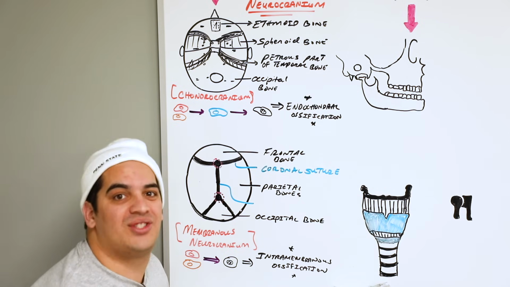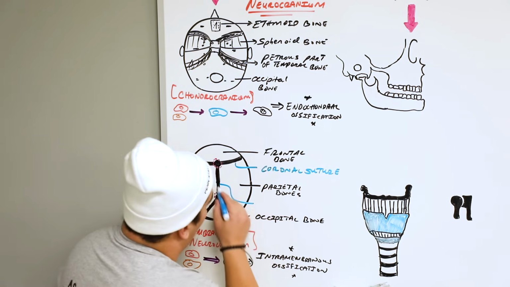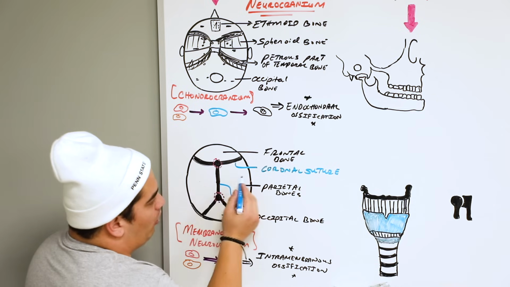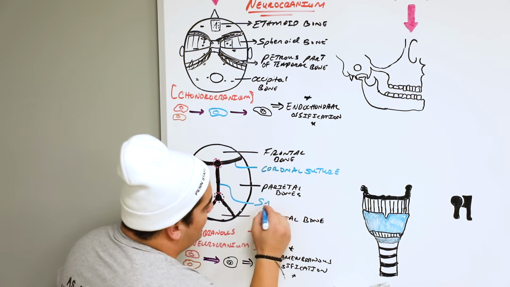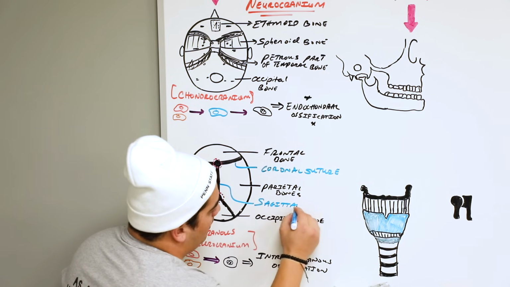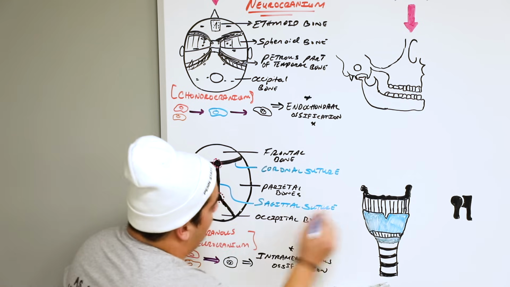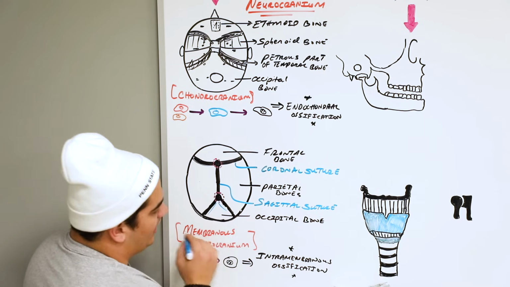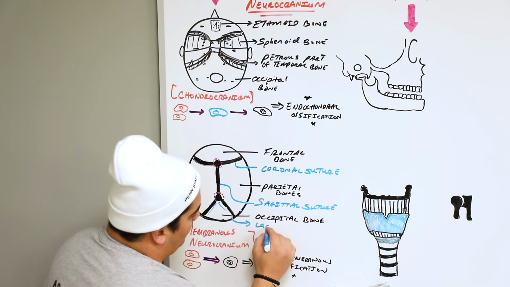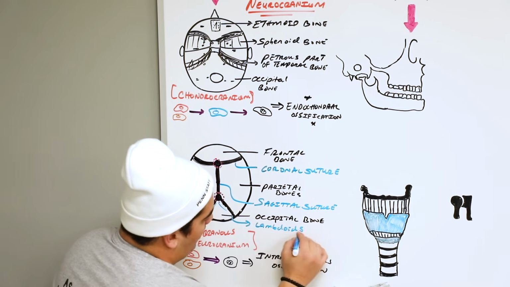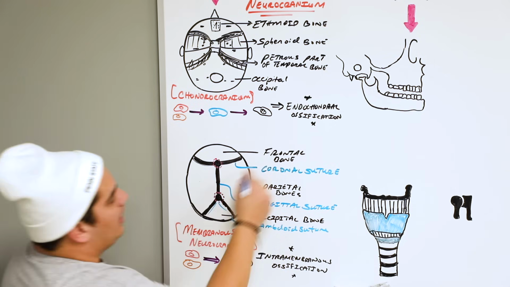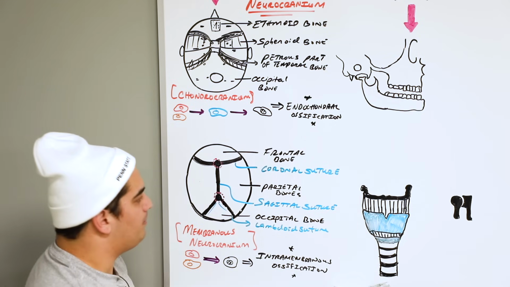We call them craniosynostosis types of conditions. This suture here, which separates the parietal bones, is called your sagittal suture. And last but not least, this suture here is called your lambdoid suture. Respectively, these separate all these bones from one another.